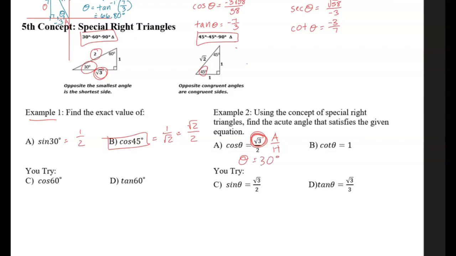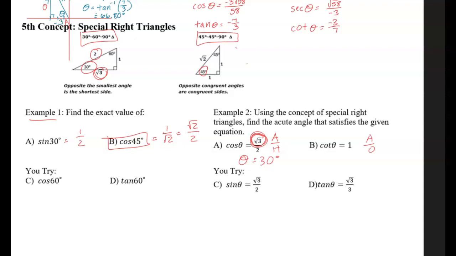And then part B, cotangent. Remember, cotangent is the reciprocal of tangent. So tangent is TOA, opposite over adjacent. So that means that cotangent would be adjacent over opposite. And a trig ratio of 1 means that it is either the same value over itself or 1 over 1.